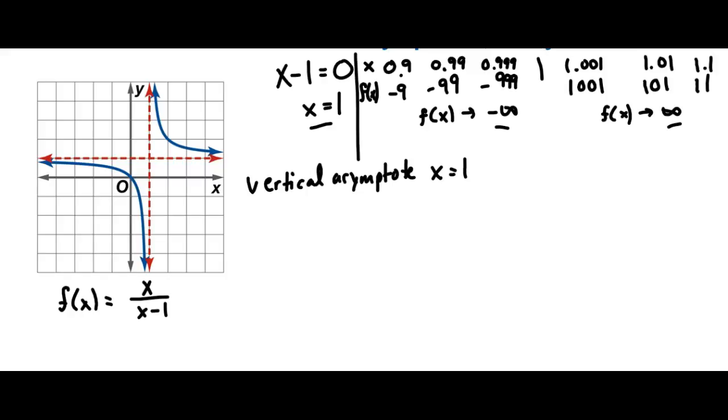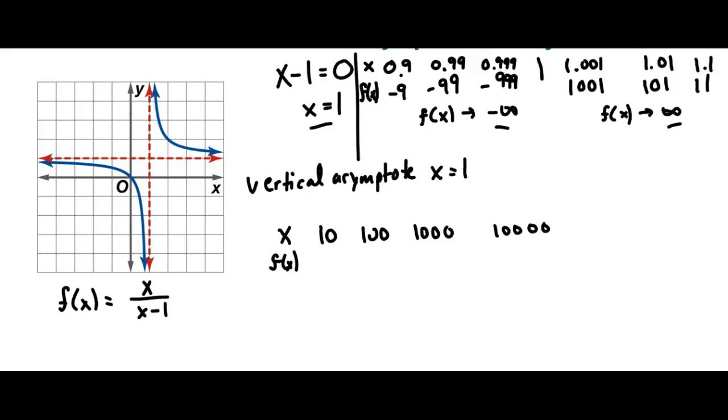Now, to find horizontal asymptotes, what we're going to do is just check out the behavior of the graph as x approaches negative infinity and also as x approaches positive infinity. So when we're approaching negative infinity, we can set x values such as 10, 100, 1,000, 10,000, etc. You kind of get the idea. And then we'll look at what happens to f of x.